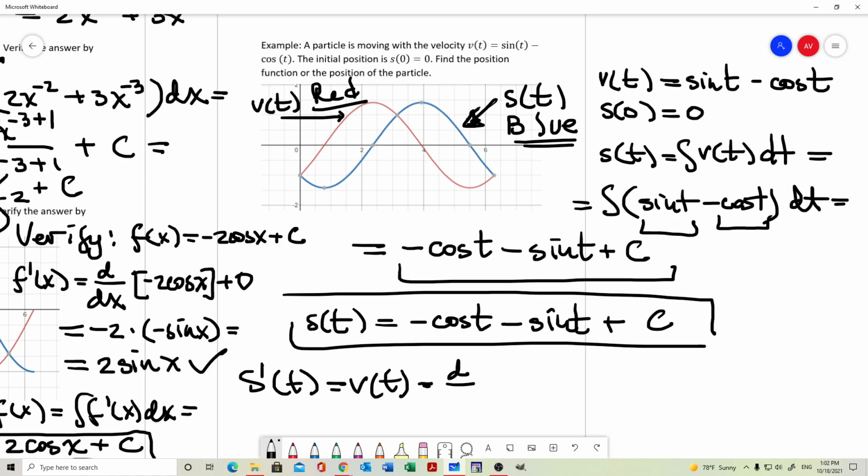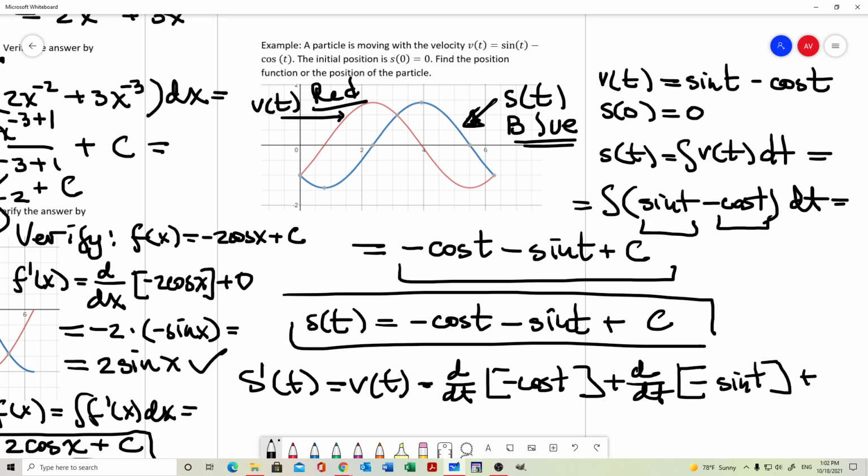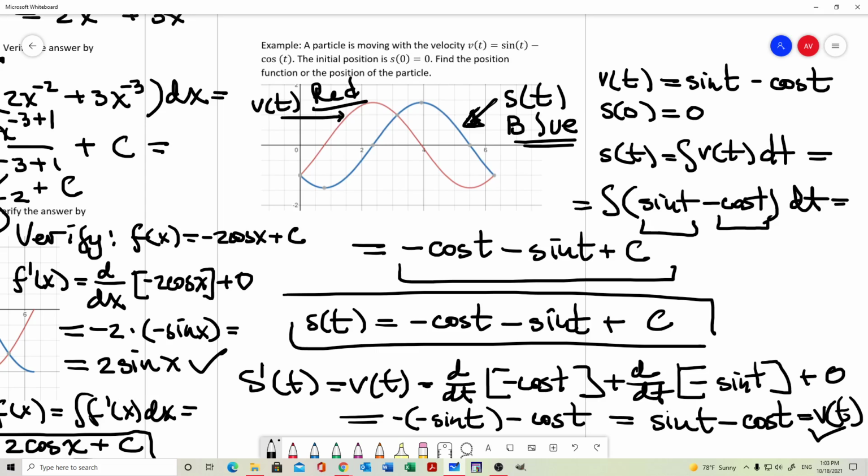If we do it step by step, d/dt of minus cosine t plus d/dt of minus sine t plus 0 will give us, the derivative of cosine is minus sine, so it will be minus of minus sine t. The derivative of sine t is cosine, so minus cosine t. And if I rewrite one more time, minus and minus will give me a plus sine t minus cosine t, and that is exactly the velocity function, check mark.